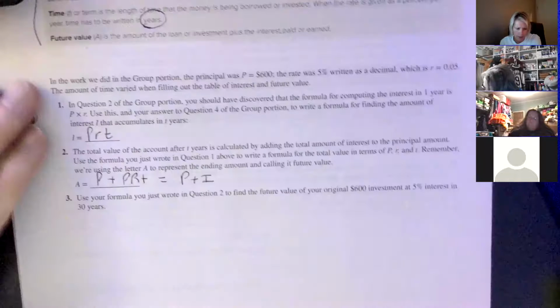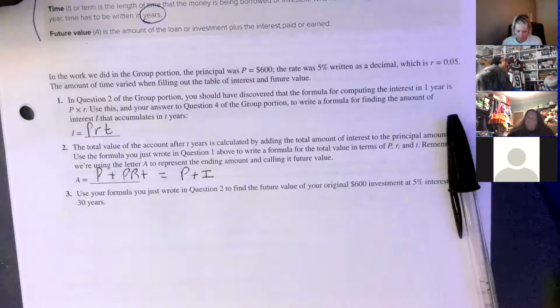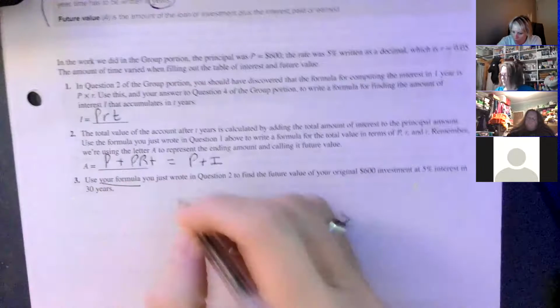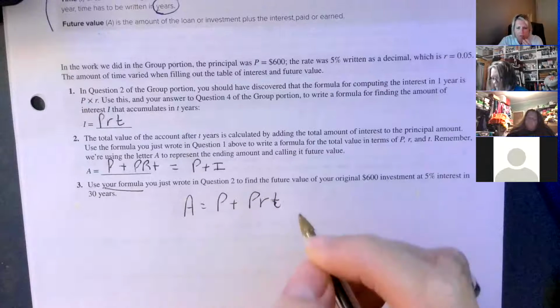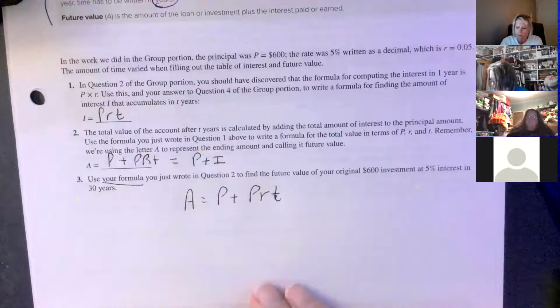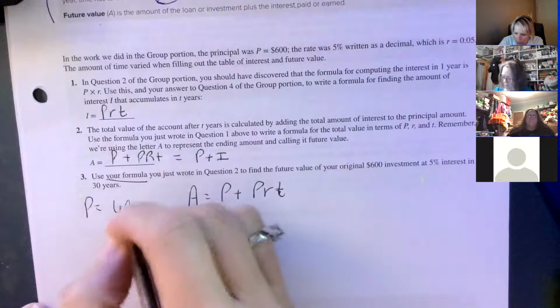And anybody try 3? Try to figure out how much is there in 30 years. It's good to form some habits of what we know, kind of writing them off to the side.